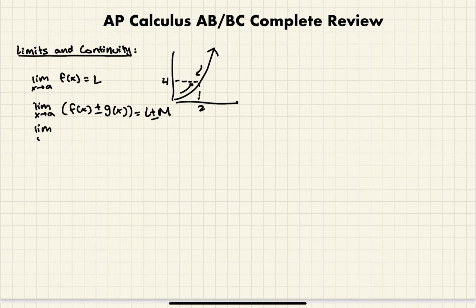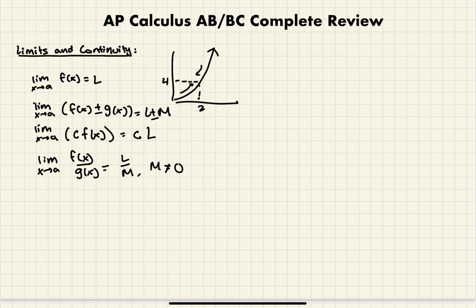If you're given a coefficient in front of a function, so like a constant that you multiply to a function, the limit is just equal to the constant times the limit. Just simple properties that are common to most functions. When we get a quotient, as you might expect, it's L over m, except for one scenario where m is equal to 0.